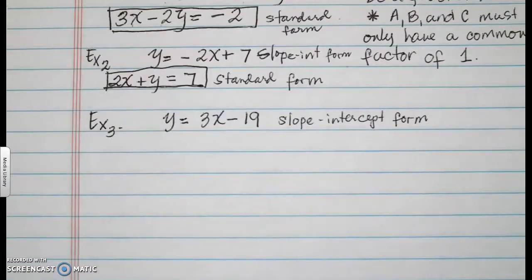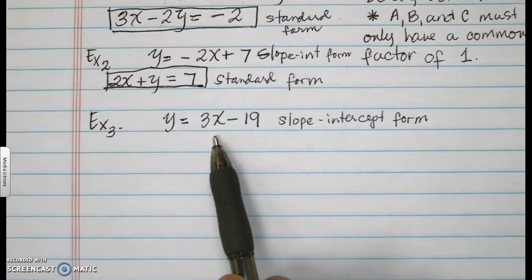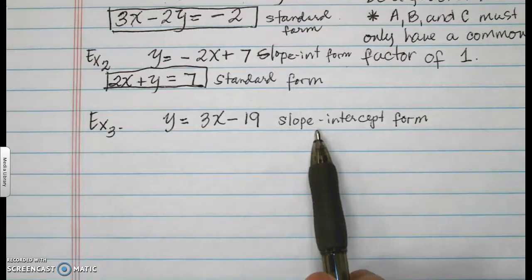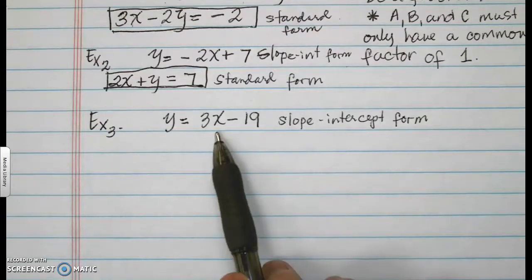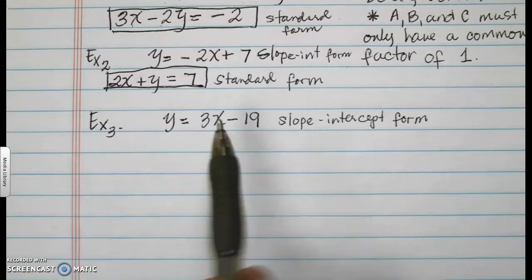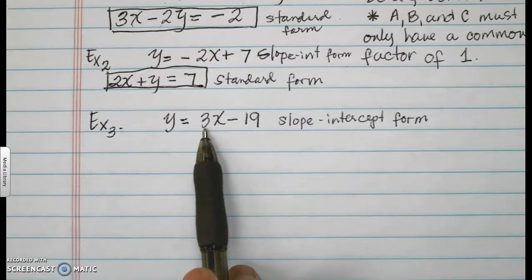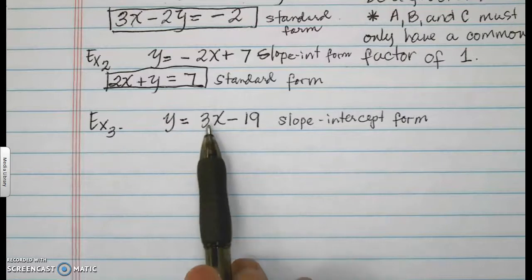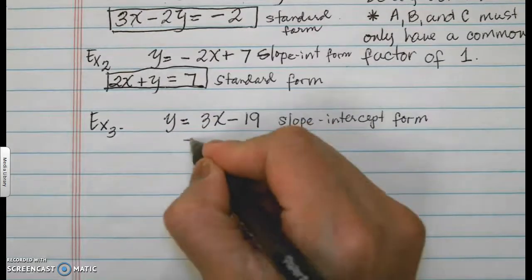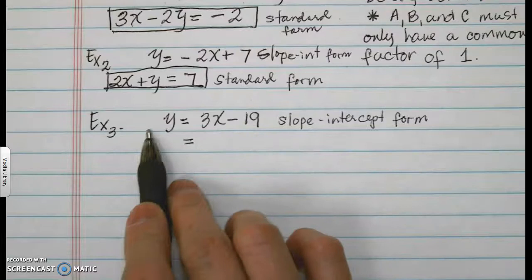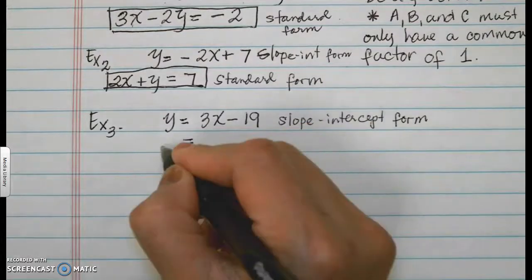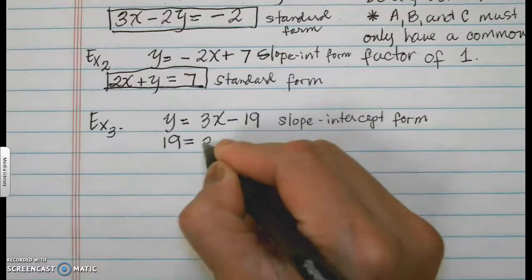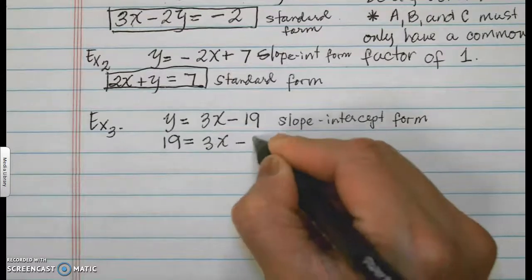Example number 3, y equals 3x minus 19. Again, please label on the side slope intercept form. And I'm going to change this to where you have ax plus by equals c. I like this. This is not a fraction. This is not negative. So I'm keeping 3x there. And I'm going to move my c and my b. So this now is going to be positive 19, 3x minus y.